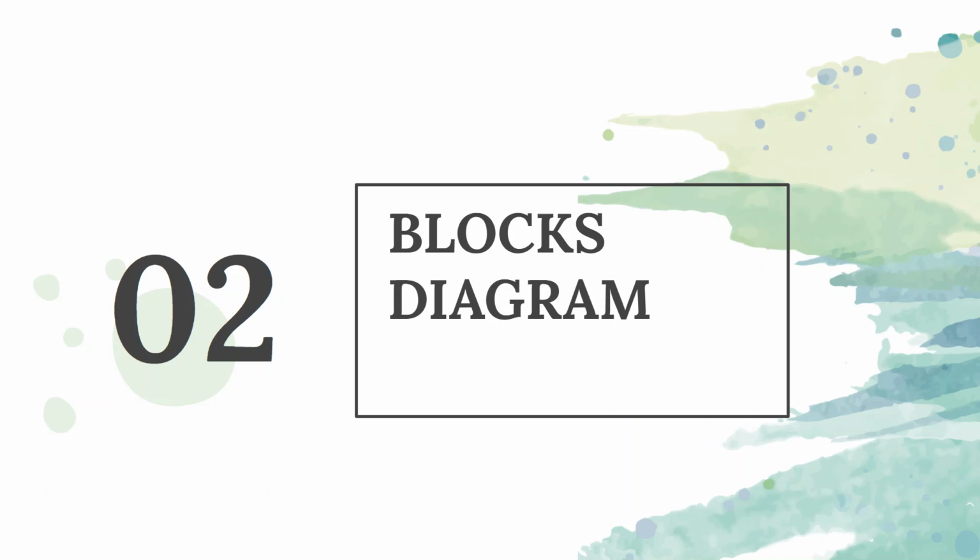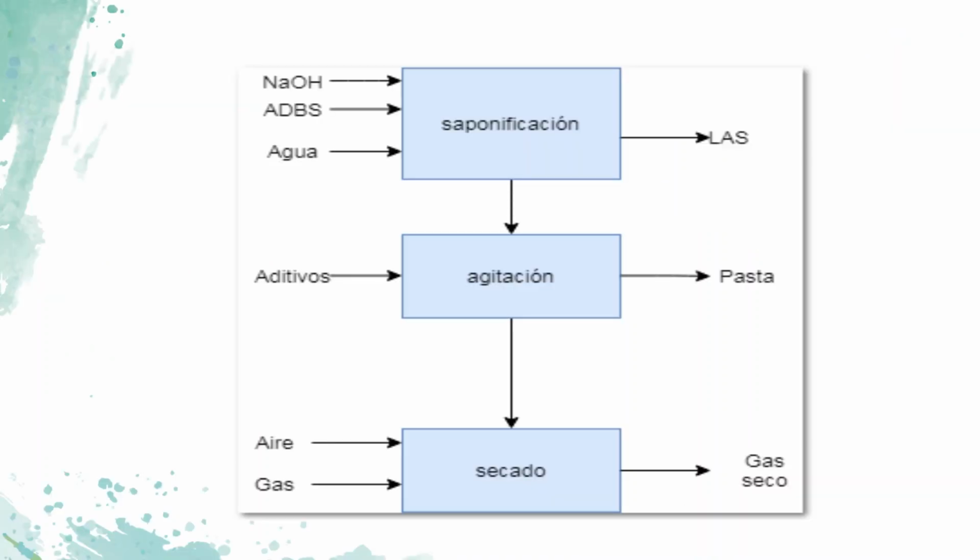Neutralizer, where input currents are created with the variables all at 25 degrees, corresponding to the ABS and sodium hydroxide reagents. Also the water stream. The neutralizer output current is the input to a second conversion reactor, the oven, where there are two inlet currents to the reactor, air and gas, with a temperature of 25 degrees, and it has an outlet of treated gas, which has two inlet currents.